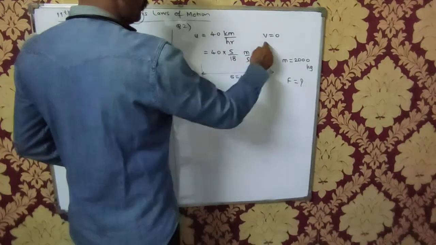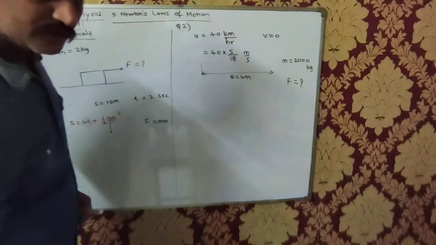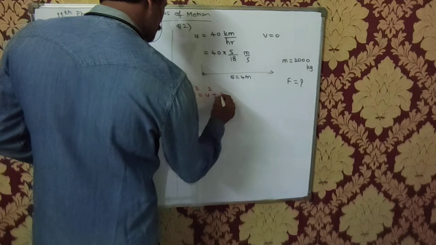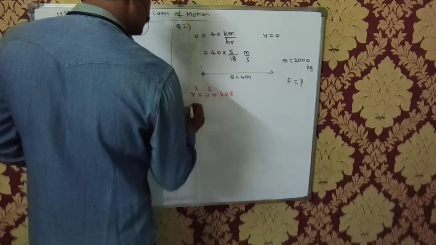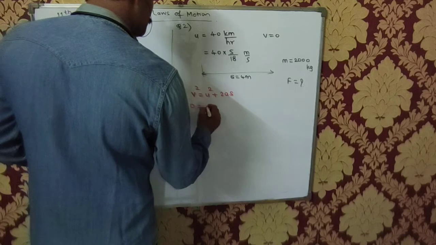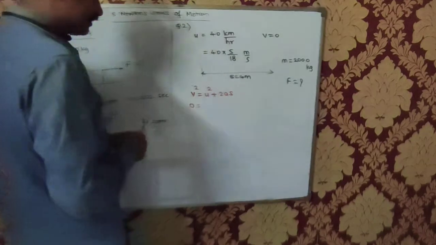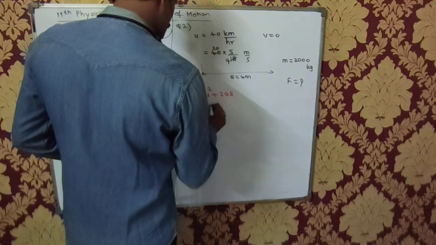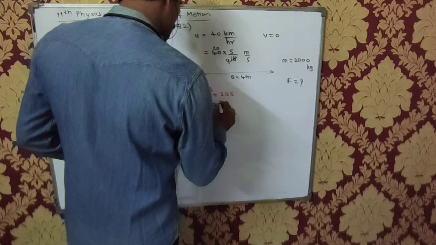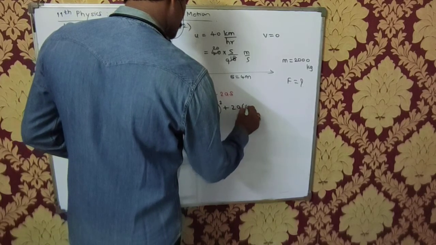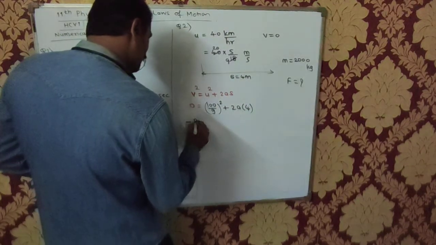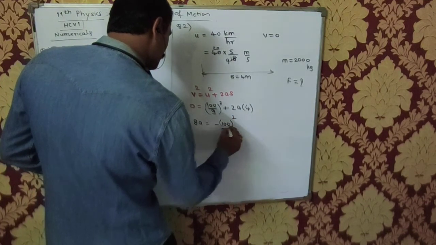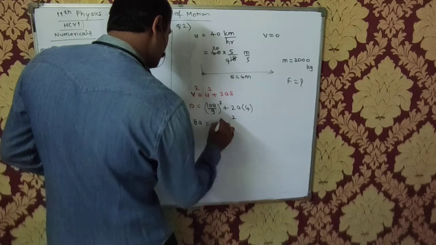Using the equation v squared is equal to u squared plus 2as: v squared is 0, u squared is (100 upon 9) squared, 2 times acceleration, displacement is 4. So minus 8a is equal to minus (100 upon 9) squared.